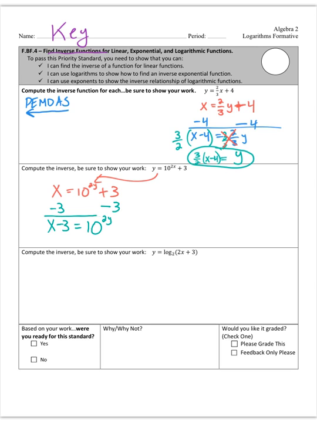At this point, x minus 3 equals 10 to the power of 2y. I'm just copying it down. So it looks like I'm a little bit stuck. The important thing to note here is that we've got it in a format that's really nice.